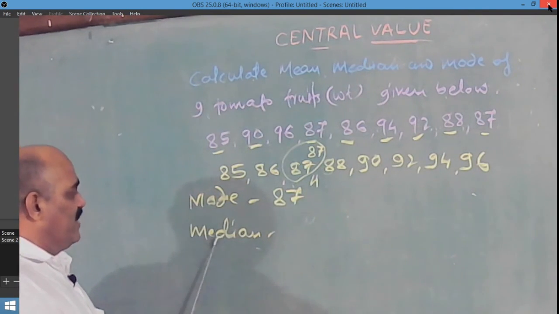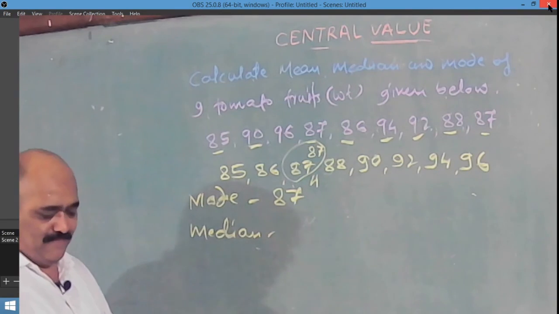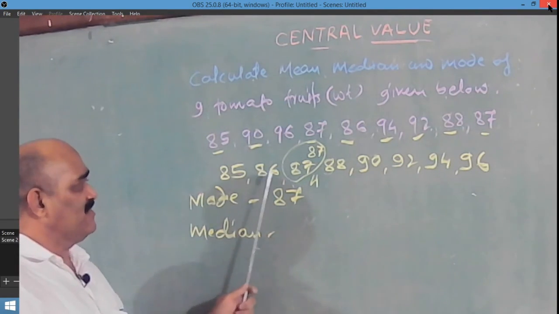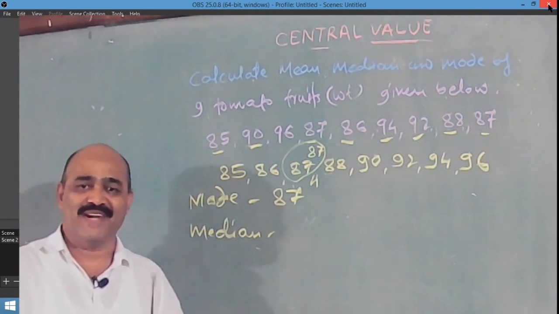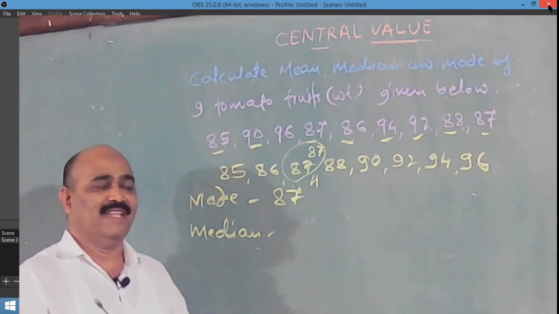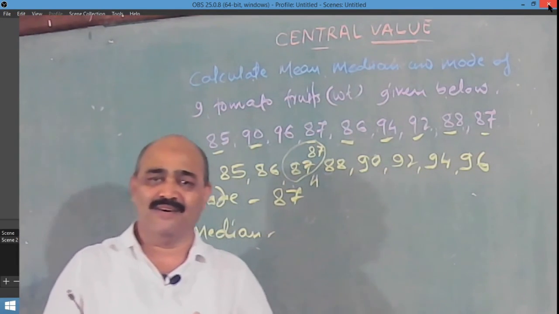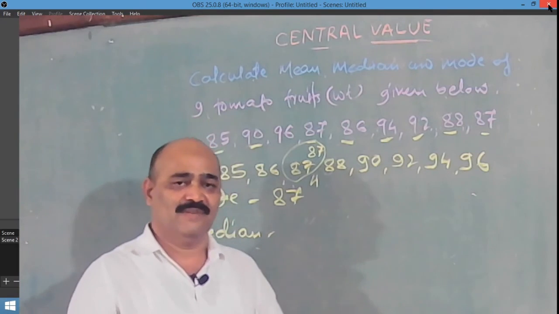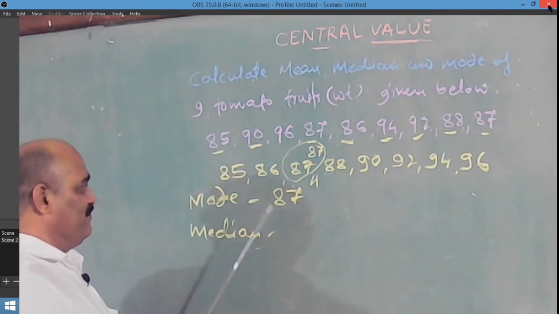Now we calculate the median of our data. Median means the central value located in the center of the data. That means the center observation is the median of our data.